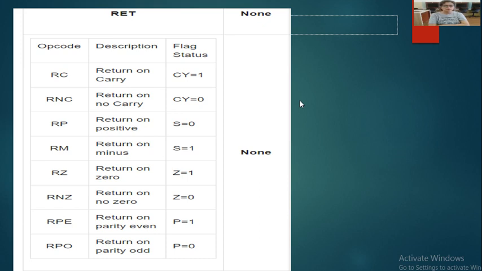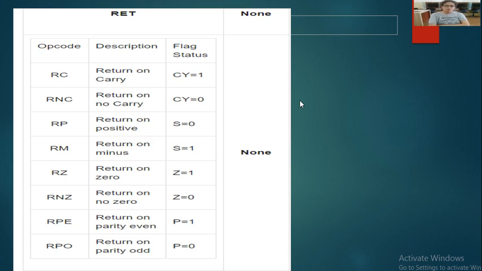Z flag 0 means the result is non-zero. Next is RPE. Return if the parity is even. So return on even parity. In that case, the value of the parity bit remains 1. Next is RPO. Return on odd parity. If there is odd parity, the value of the parity bit remains 0.